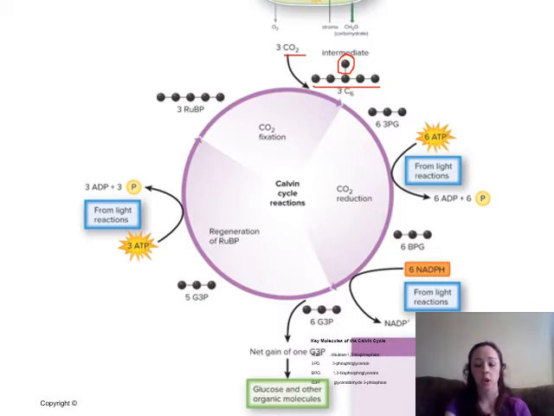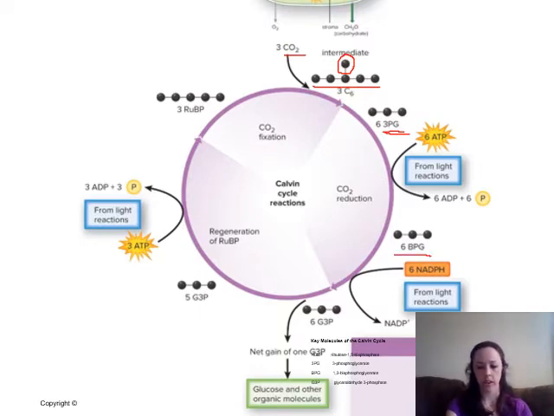The next step is carbon dioxide reduction, and this is when 3PG, which we got from breaking apart our 6-carbon molecule right here into 2 3-carbon molecules, is used. ATP from the light reaction is broken down, and the hydrogen and electrons are given to our 3PG, which then turns it into BPG.